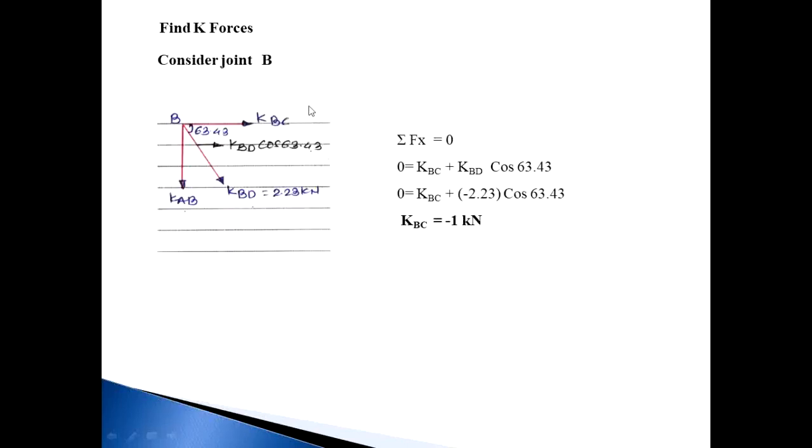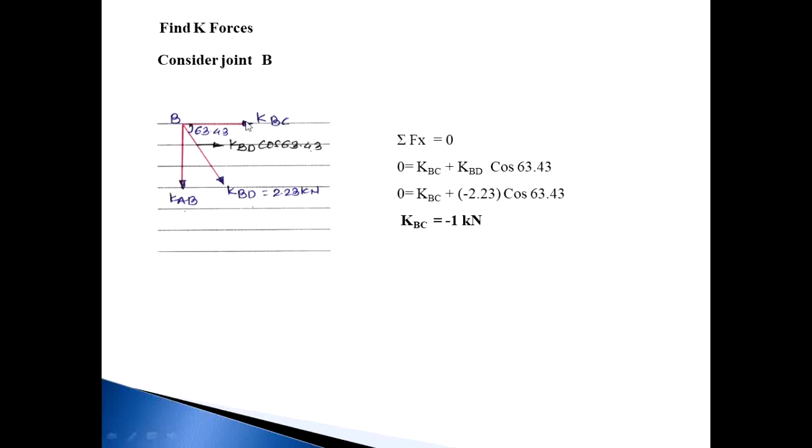Then consider joint B. At joint B, three members meet, that is KAB, KBD, this is an inclined force split up into horizontal and vertical components, and KBC. Already KBD is a known term, KAB is also a known term, only unknown is KBC. So only use summation Fx is equal to 0.